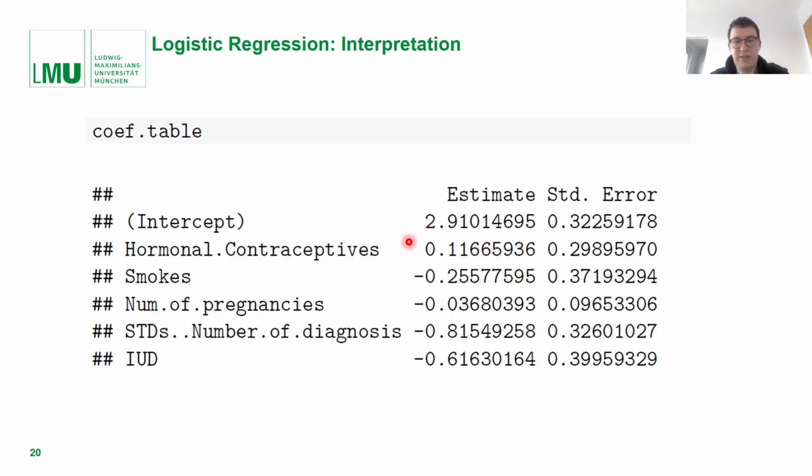If it's positive, it has a positive effect on the dependent variable. And using the standard error, but it's not straightforwardly written in here, we can also interpret the significance, of course. We looked at this in the previous video. It's always important for us to understand whether a regression coefficient is significant at all or not.